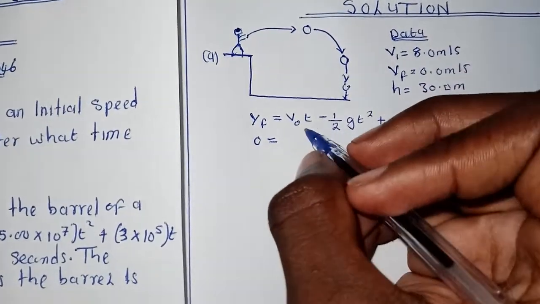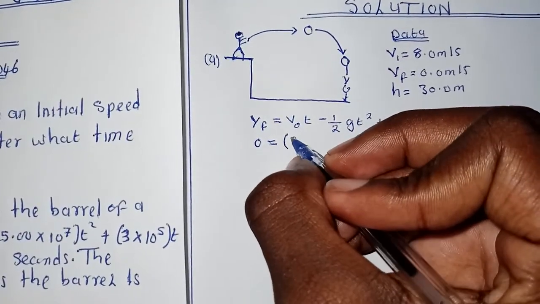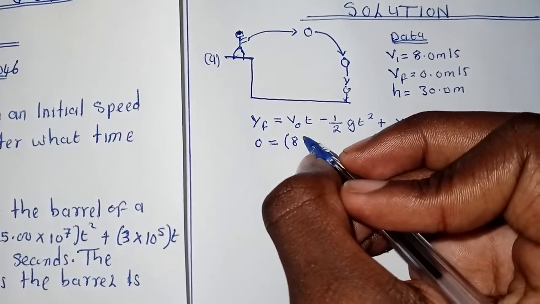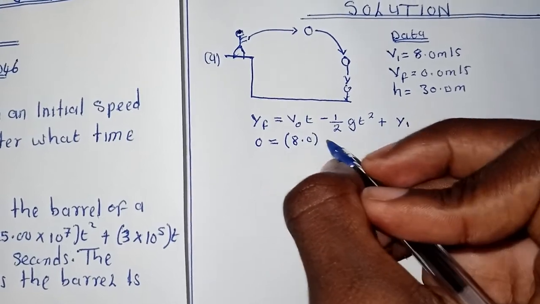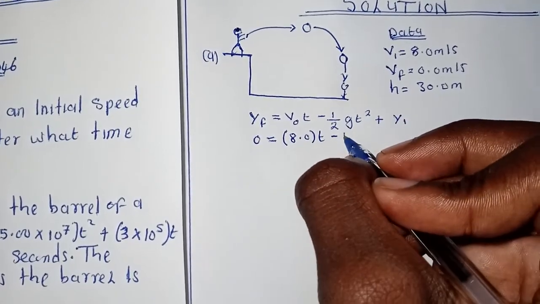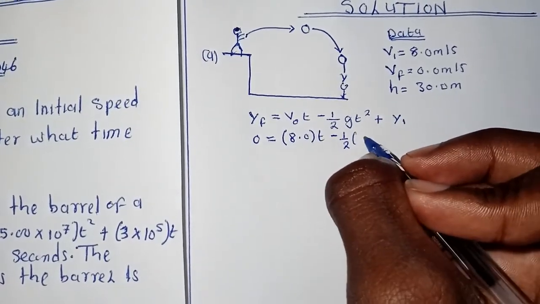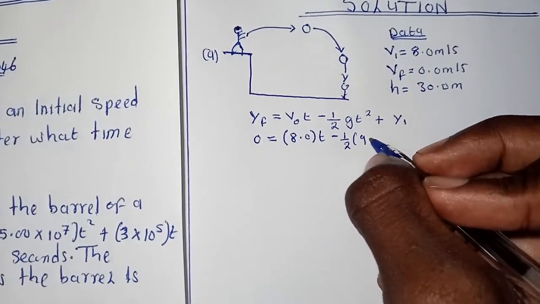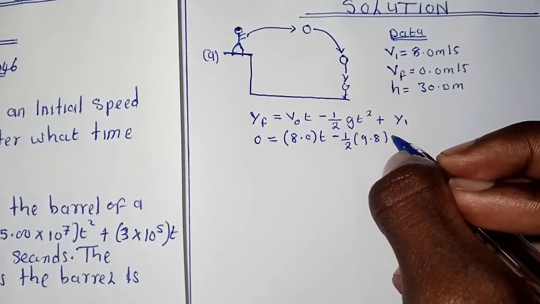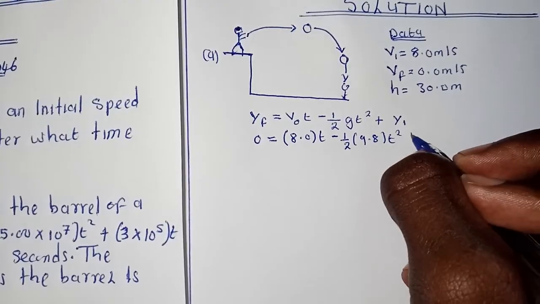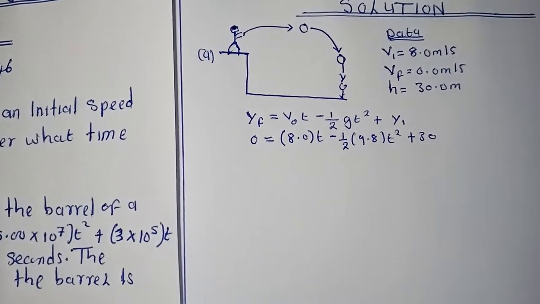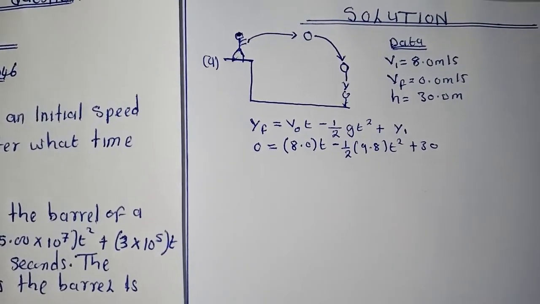But then we know that our velocity is simply 8.0, minus, then we know that this is 9.8, plus 30 meters.